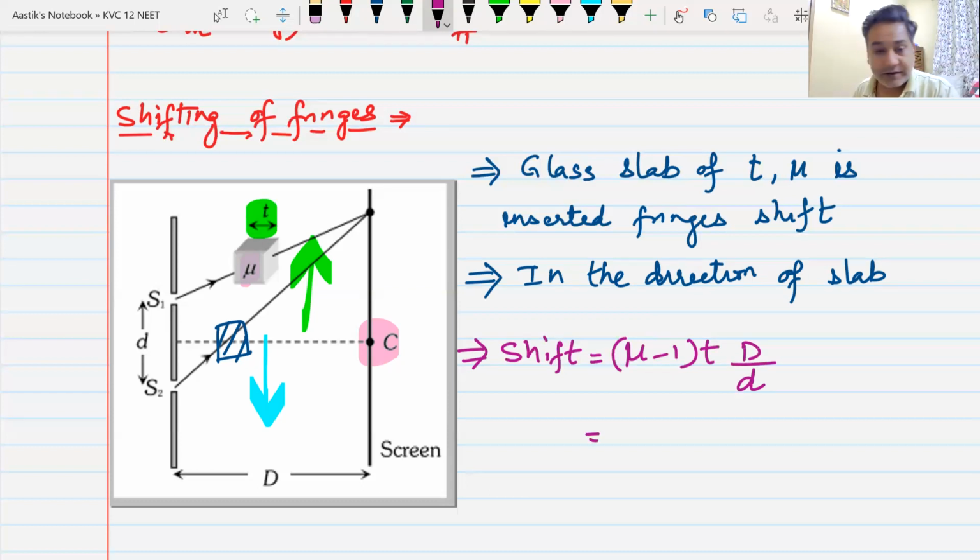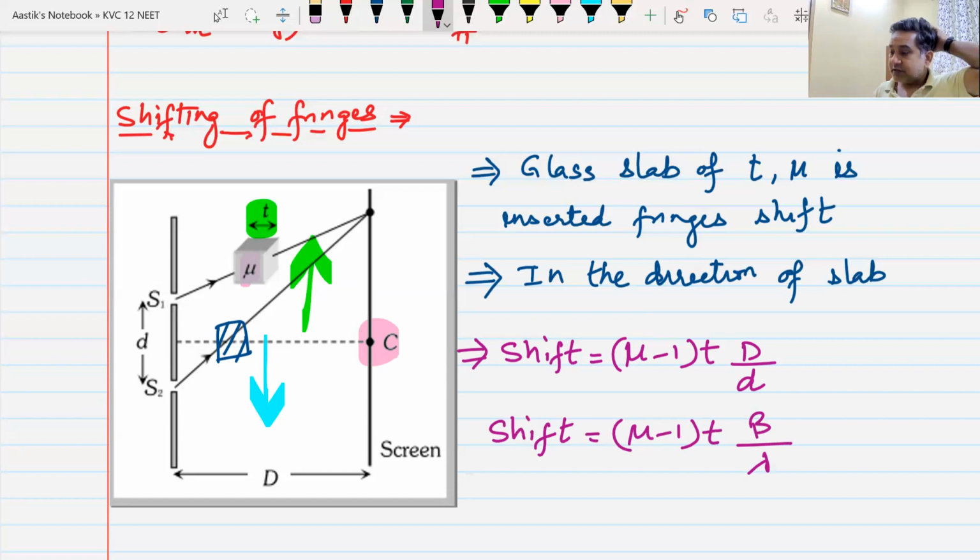The other way is, instead of writing D by d, you can write it as (mu minus 1) T into beta, the fringe width, divided by lambda. So these are the two ways in which you can remember the shift. Do we understand this? Now, sometimes they give you the number of fringes shifted.